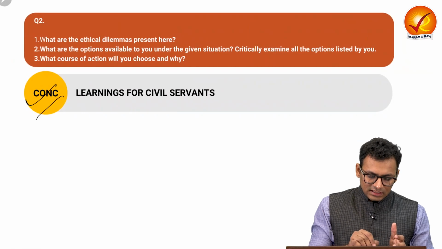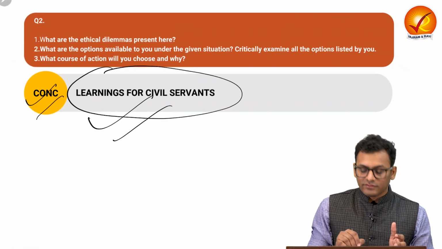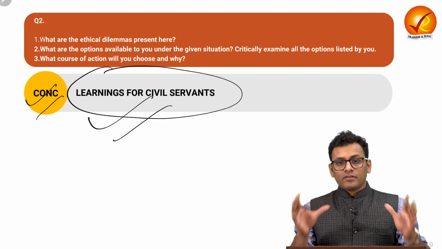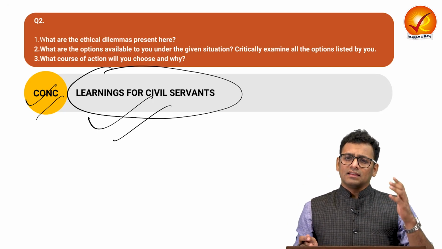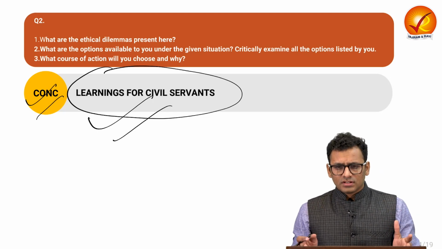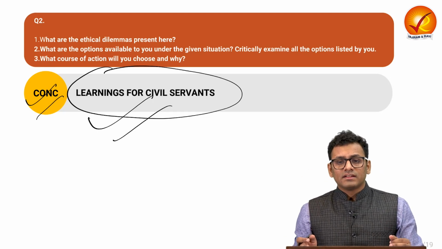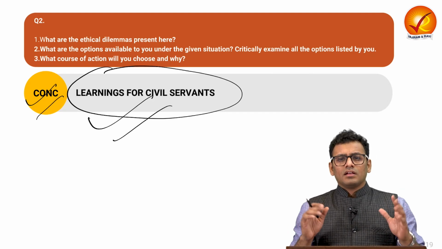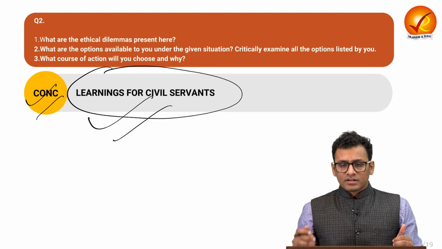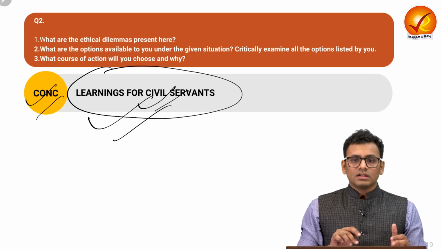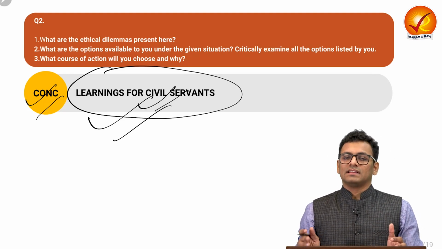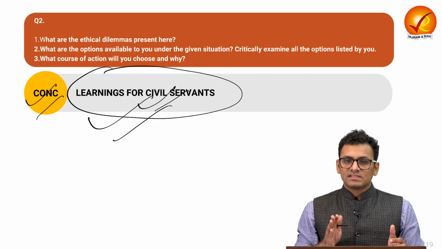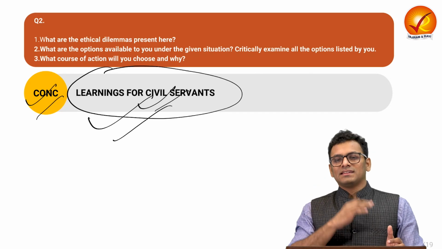Now let's see the conclusion and how exactly this is learning for civil servants. As a civil servant, you will be part of different organizations where they have seen historical corruptions, or they are presently witnessing instances of corruption, because we have seen that how corruption is kind of a negative part of bureaucracy. So for a civil servant to navigate that kind of scenario where there is certain degree of corruption happening, they must operate with certain degree of transparency with their seniors to understand the entire scenario.